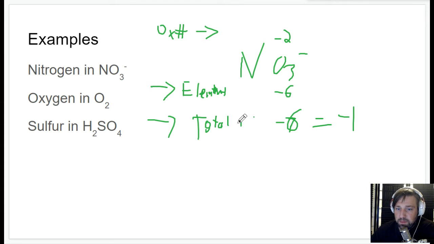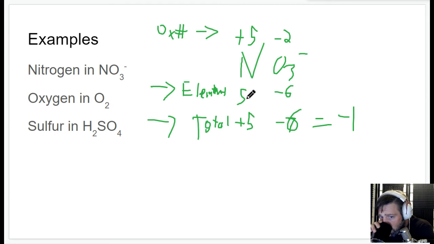Well, it needs to be positive 5. Positive 5 minus 6 is minus 1. So all the nitrogens have to be 5. We only have one nitrogen, so this guy has an oxidation number of plus 5. That is how we go about assigning oxidation numbers.